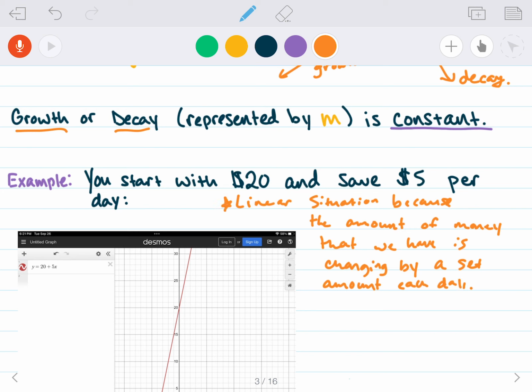So this is linear because we're increasing by $5 each day. That's a fixed amount that we're getting each day.